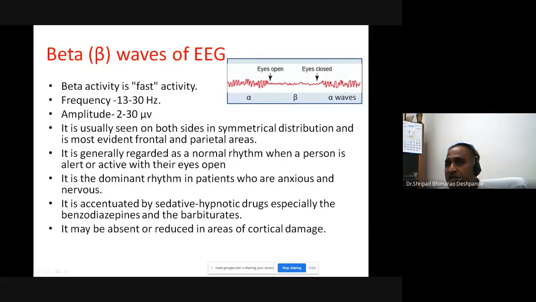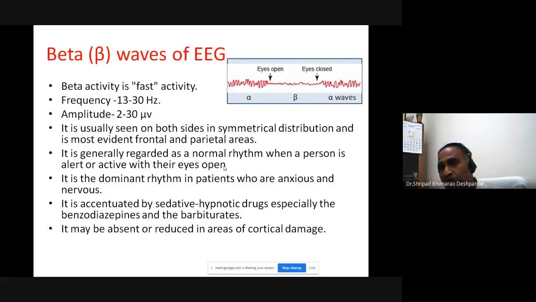It is generally regarded as a normal rhythm when a person is alert or active with their eyes open, because you see that when you open your eyes, or when you are active, you are thinking. Not only eyes open, maybe you may be doing calculations with eyes closed, or you may be thinking something else.